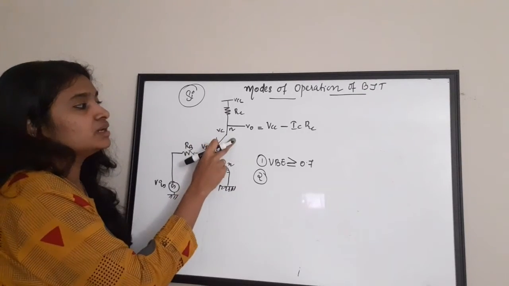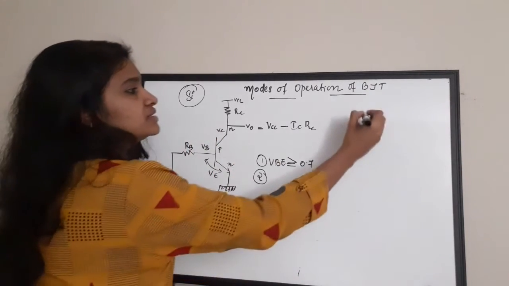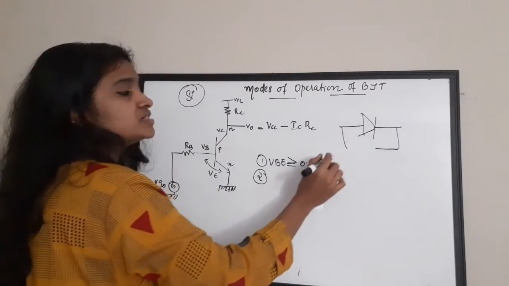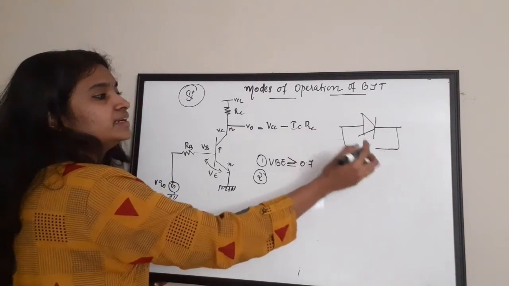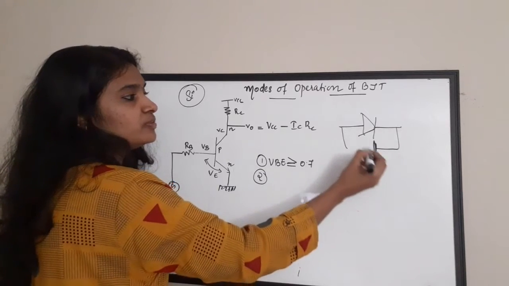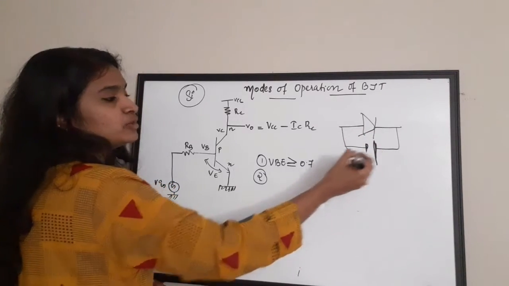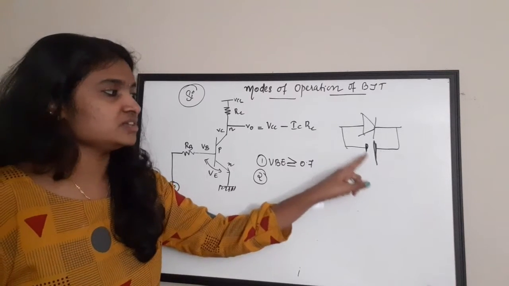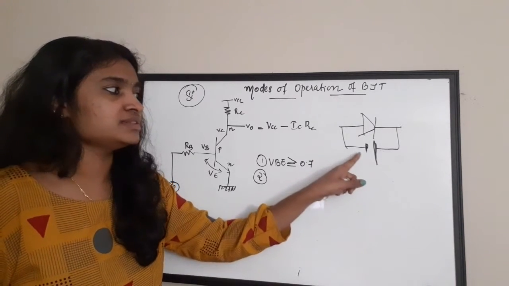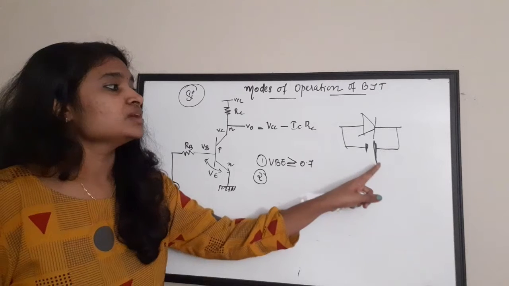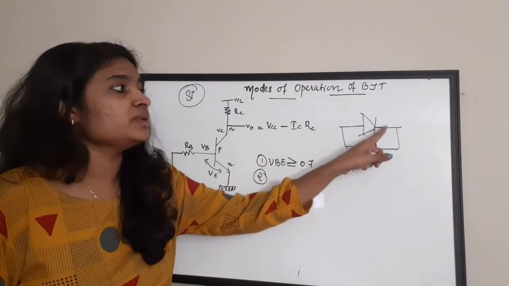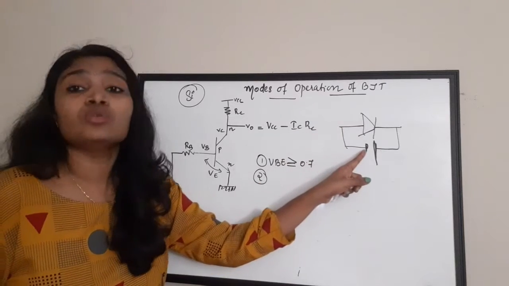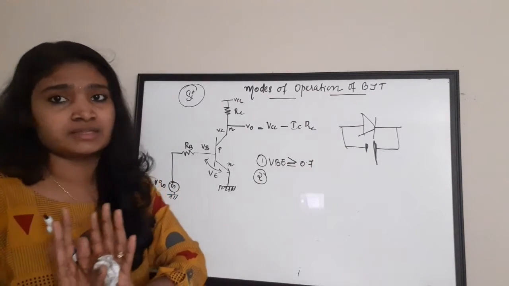There is a PN junction diode here. In order to make it reverse biased, we need to connect the negative to the positive terminal of the battery and the positive to the negative terminal of the battery. So, rather than just thinking positive and negative, we can think this has a higher voltage and this has a lower voltage. Okay. So, the negative should be connected to a higher voltage and the positive should be connected to a lower voltage to make it reverse biased.